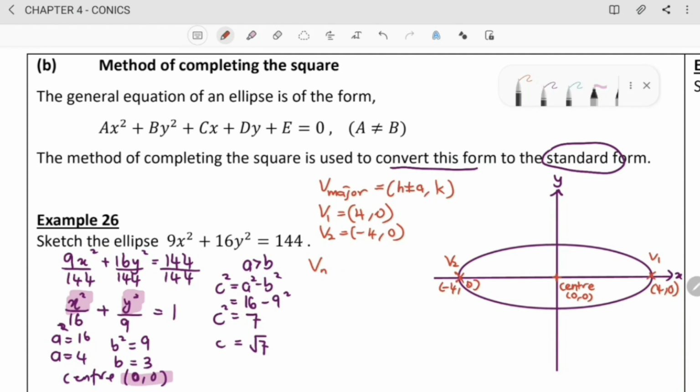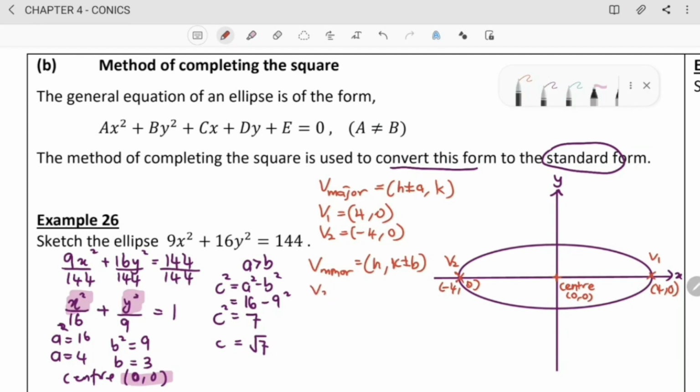And we have the minor vertices, which have the same x coordinate, h, and we have k plus minus b because the value of y is different.